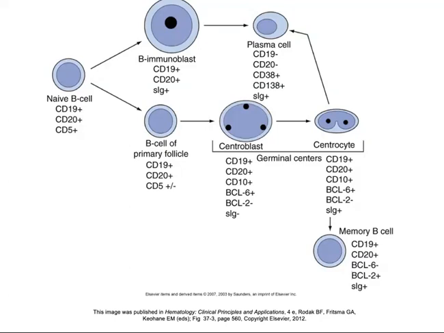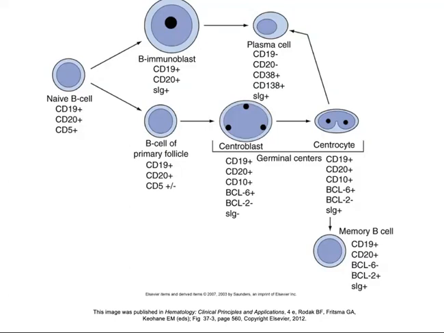There's a lot that goes on during the differentiation process. An important part of it is the proliferative activity that the B cells have, and the somatic mutations of the immune globulin variable chain. That's necessary for the immune globulin to have specificity for an antigen.